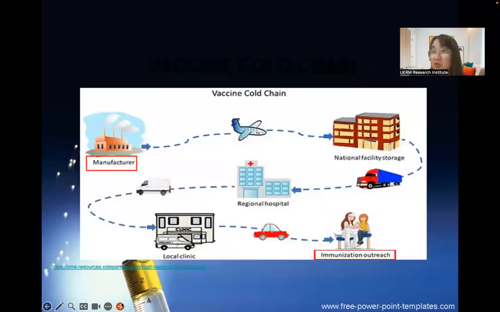So this is the cold chain, a summary of the vaccine cold chain, which is a system for storing vaccines in good condition, composed of a series of links designed to keep vaccines within the WHO recommended temperature ranges of +2 degrees centigrade to +8 degrees centigrade for most vaccines, from the point of manufacture to the point of administration, to maintain product quality.